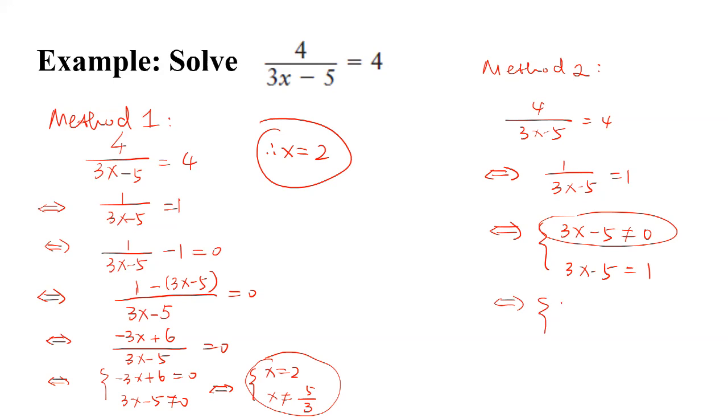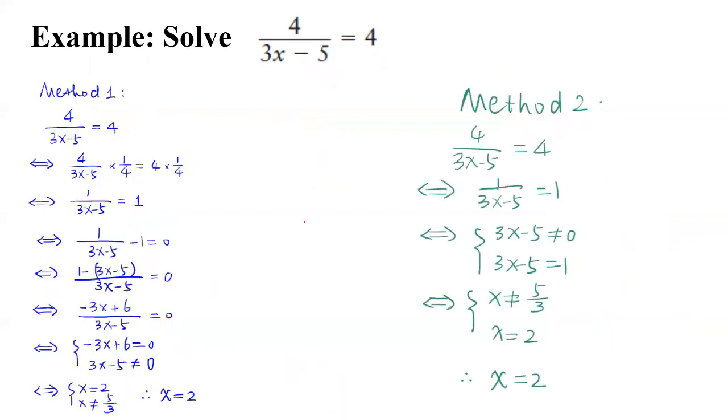This is equivalent to x cannot be 5 over 3, and 3x is 6, which is x equals 2. Considering both, the final solution is x equals 2. Do you understand? You can choose either method you feel comfortable with. You can also check the two methods here after class.